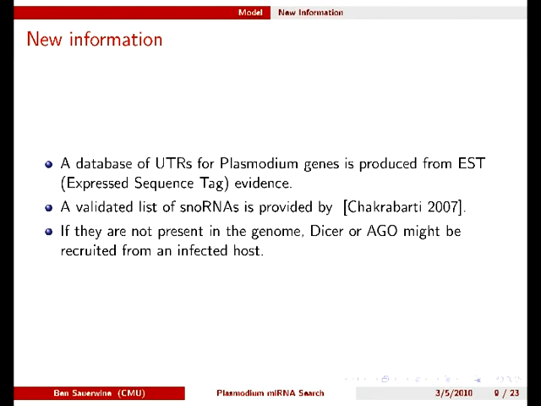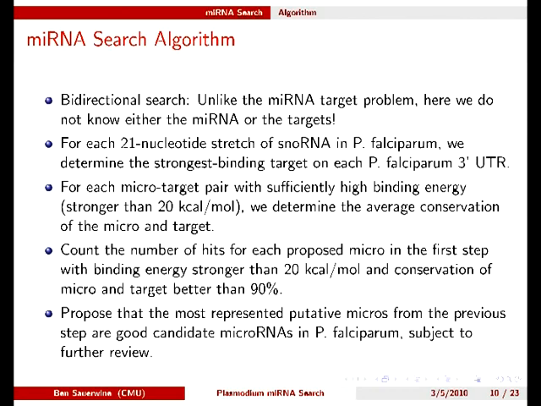We also speculate that it may be possible for Dicer or Argonaute to be picked up from a host cell. Our search algorithm is unique in that we lack both knowledge of the microRNA as well as their targets. In order to overcome this, we try each possible microRNA originating from the snoRNA against each 3' untranslated region, and then propose the snoRNAs with the best hits should be our initial guesses.